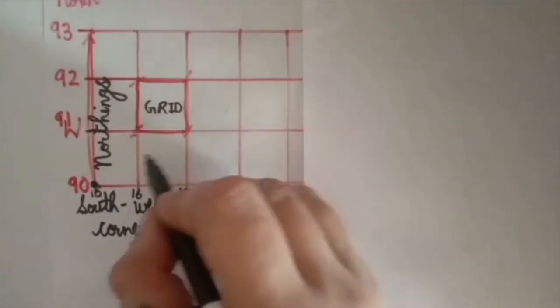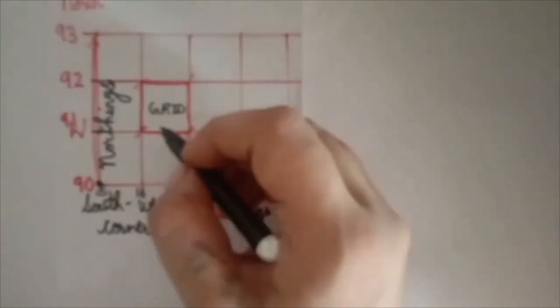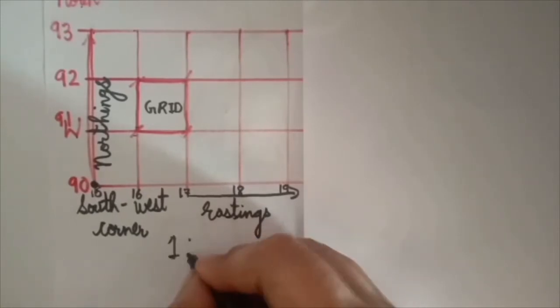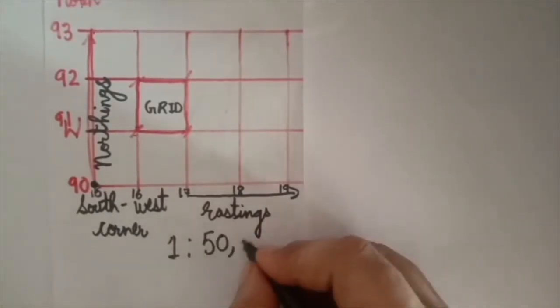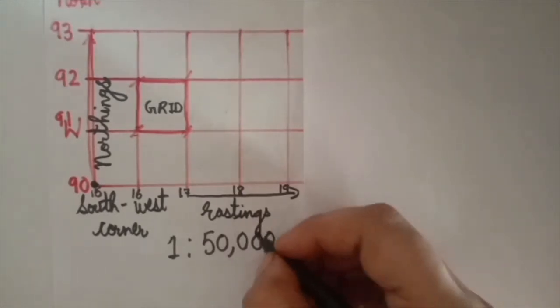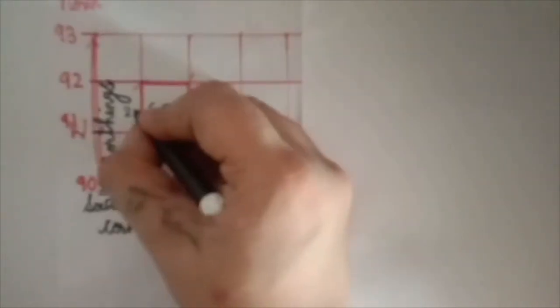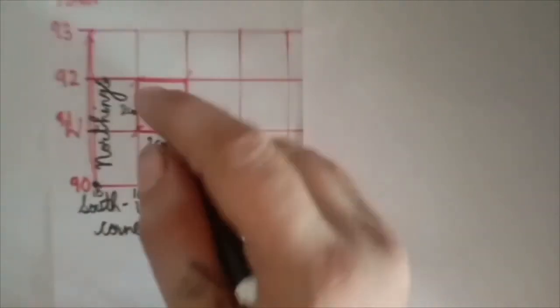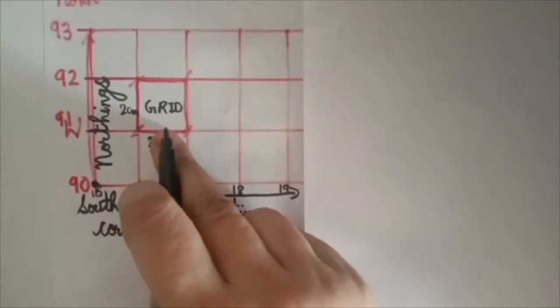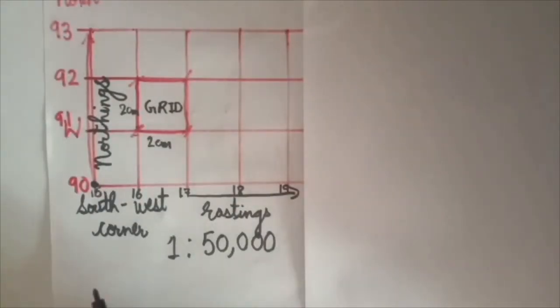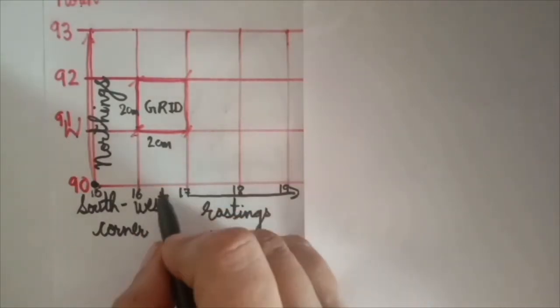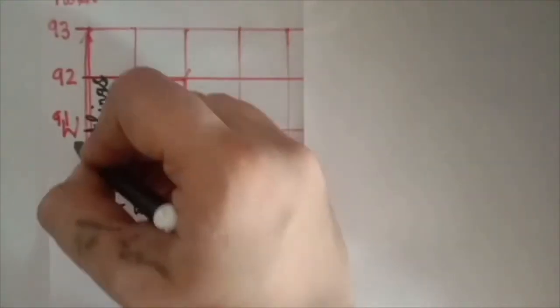These grid lines, that is eastings and northings, on the topo sheet are drawn to a scale of 1:50,000. Each grid is of 2 centimeter on the map and represents a distance of 1 kilometer on the ground. So, children, while finding the location of a place on a topo sheet, eastings are written first, followed by the northings.